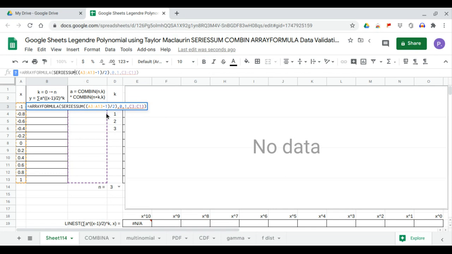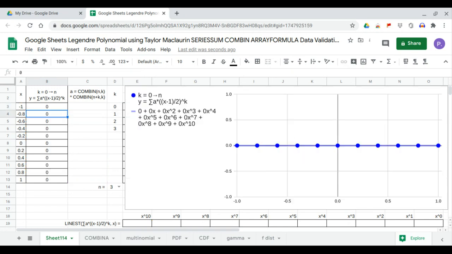Just add one more column. Here you have the trend line equation, or also the Legendre polynomial, and the trend line.